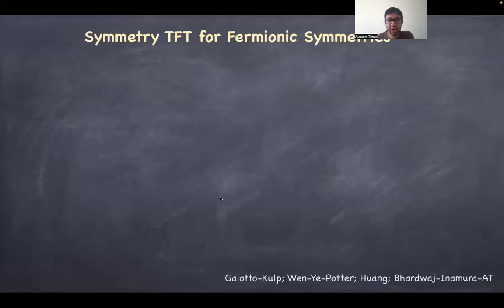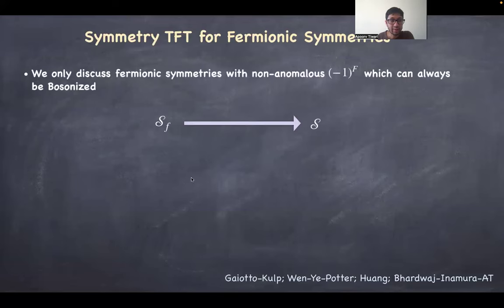Now, let's look at the symmetry TFT for fermionic symmetries. As I mentioned, I'm only going to be looking at symmetries that have a non-anomalous fermion parity, so they can always be bosonized. And since bosonization and fermionization are topological manipulations in the sense that they only swap sectors around, they don't provide any new dynamical information.